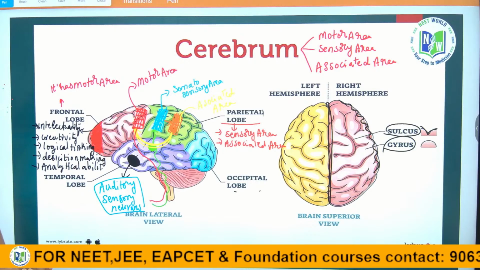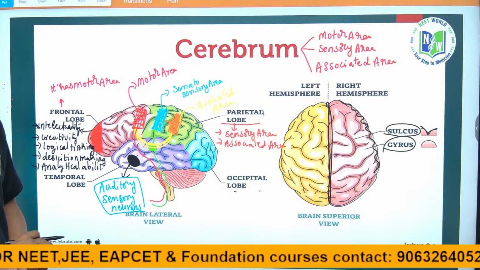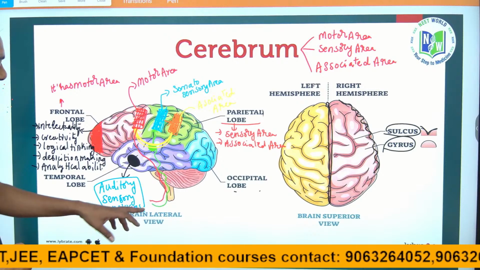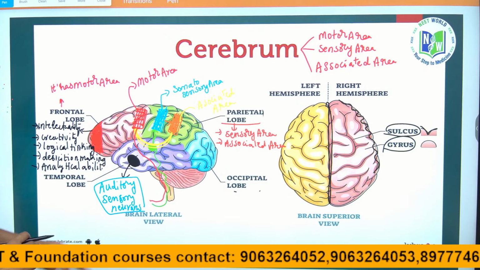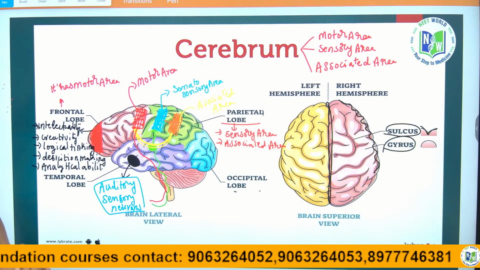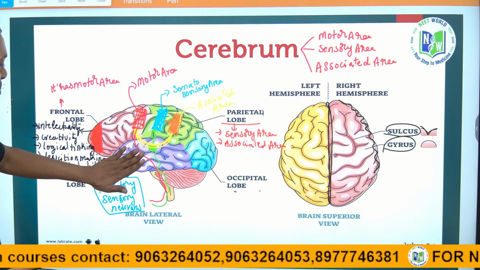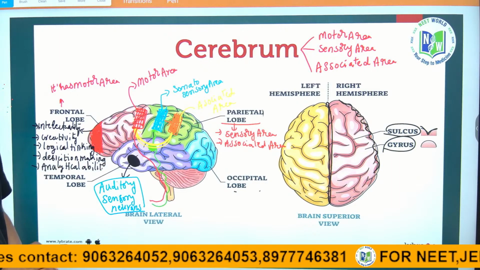The temporal lobe is useful for the auditory sense. The sensory neurons give information to the temporal lobe for hearing.